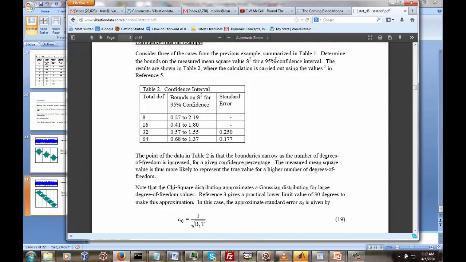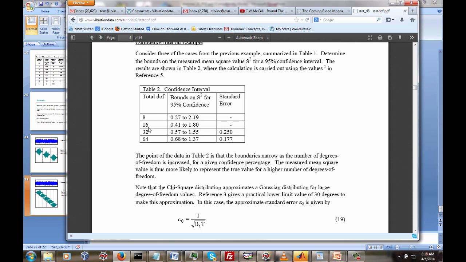So here's an example. What's our percent for our confidence interval? Let's say we have the bounds for the 95% confidence interval, and those bounds are on S squared here. If we have 8 total degrees of freedom, we have confidence bounds as shown here.